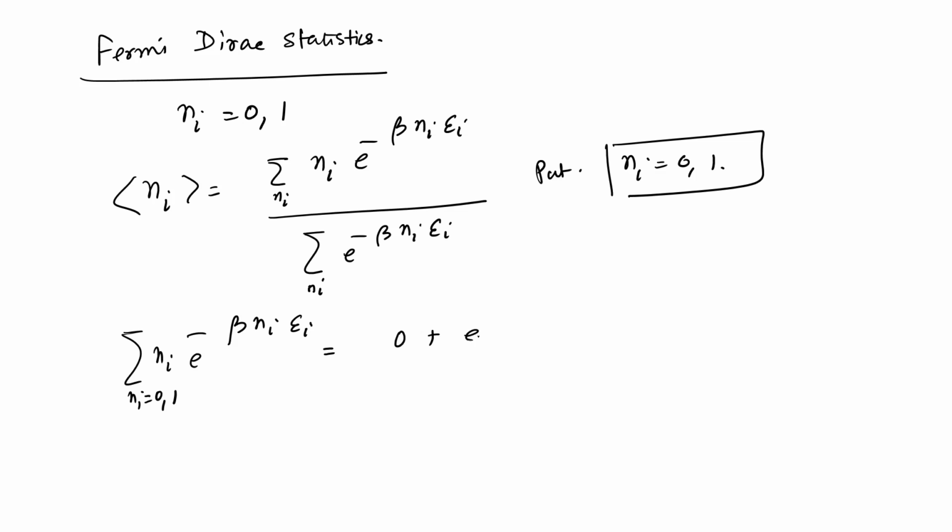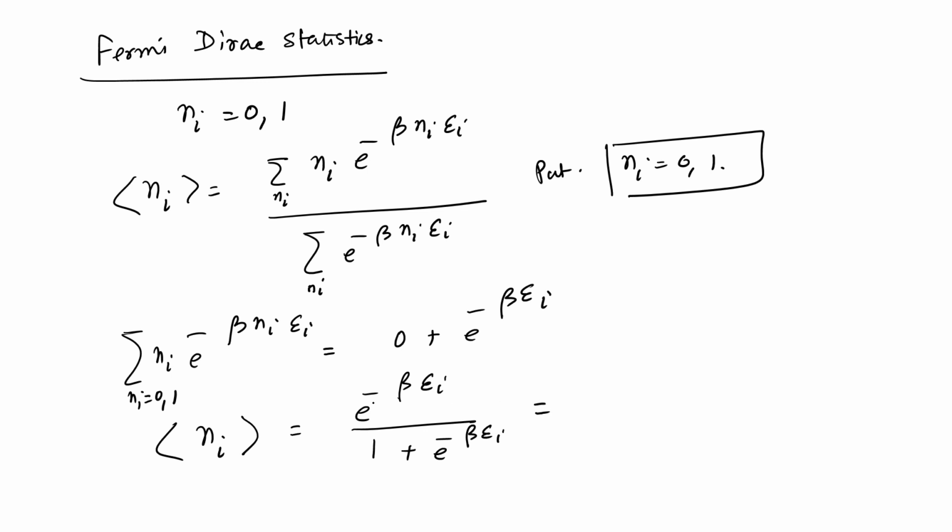So, this is 0 plus exponential minus beta epsilon I, and then Ni average will simply be equal to exponential minus beta epsilon I divided by 1 plus exponential minus beta epsilon I. If you divide top and bottom by exponential minus beta epsilon I, we have exponential beta epsilon I plus 1, and we will simply put this mu by hand here.